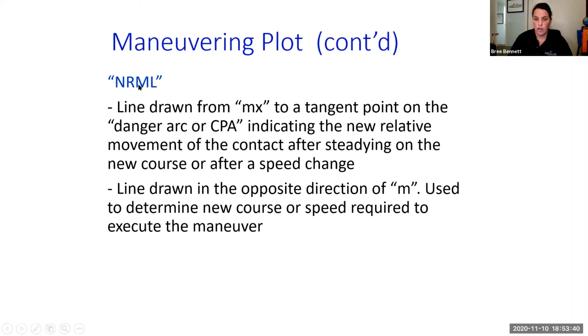So RML, relative motion line, we are creating a new relative motion line. And that line is going to be drawn from the point of execution. So when we turn, that's when we are bending that relative motion line and creating a new one. So that relative motion line is going to be on the outside of our comfort zone, or our CPA that we're comfortable with.